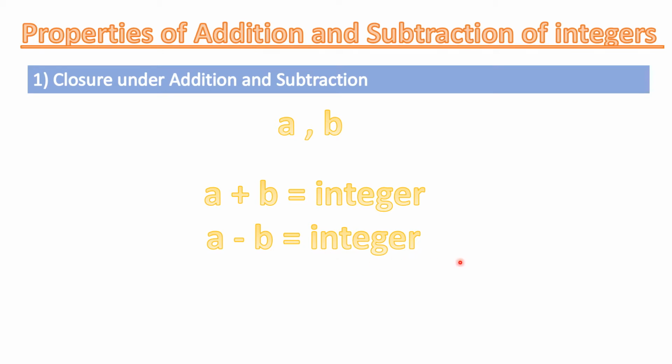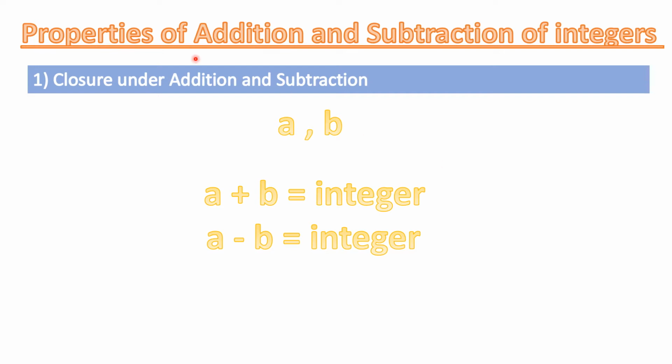So summarizing, if we take two integers and we add them, we get an integer, and if we take two integers and subtract them also, we get an integer. So that is called the closure property of integers. Closure property under addition and subtraction.